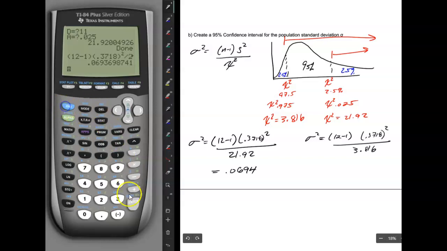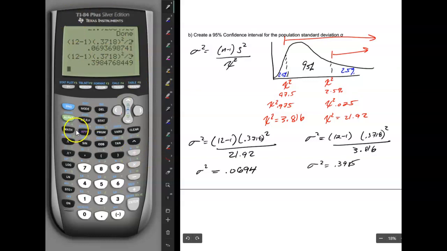And if we do the exact same equation, but using the other value of 3.816, we get the second value. And once again, these are technically the variance sigma squared. So 0.3985.